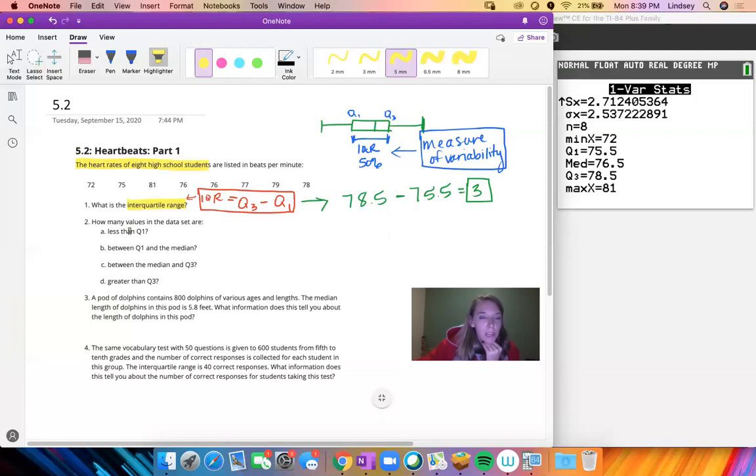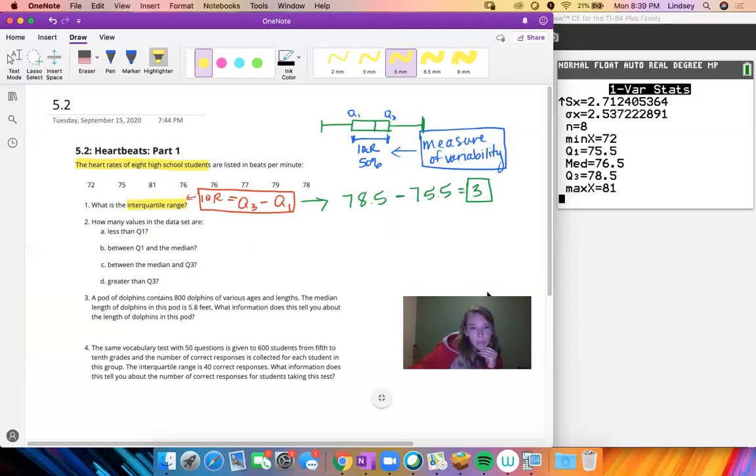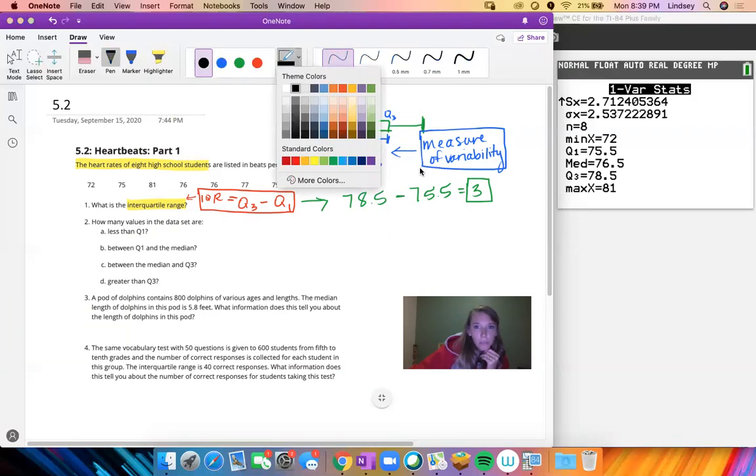It says, how many values in the data set are less than our Q1? Our Q1 was 75.5. We got that already. I'm just going to go back and label it so we know.